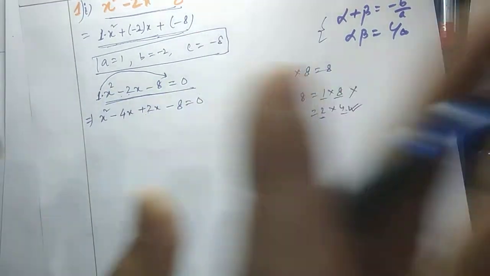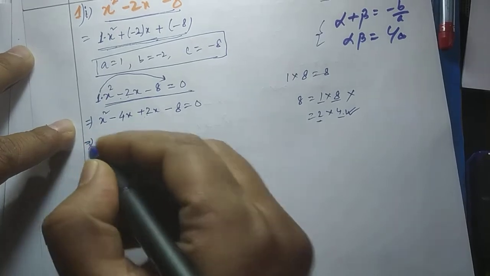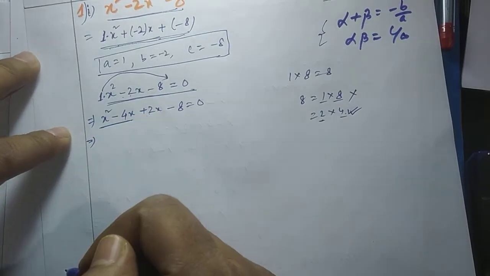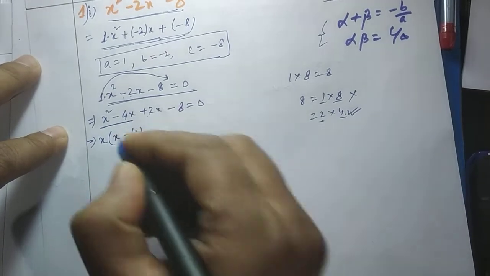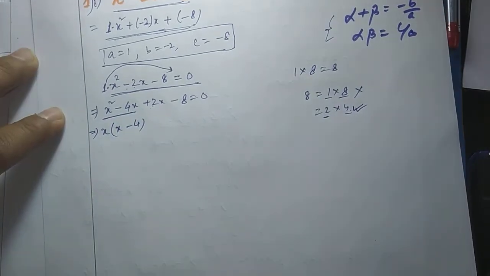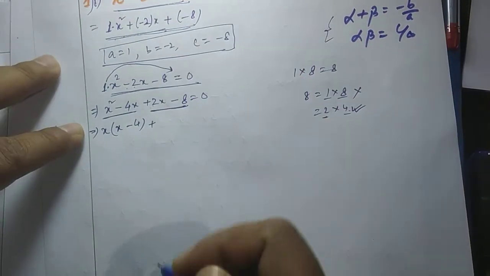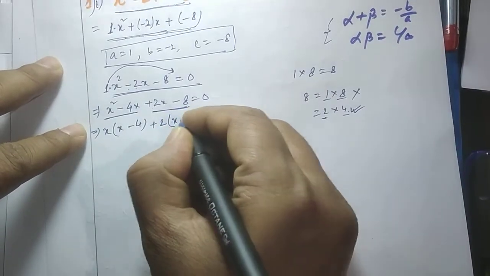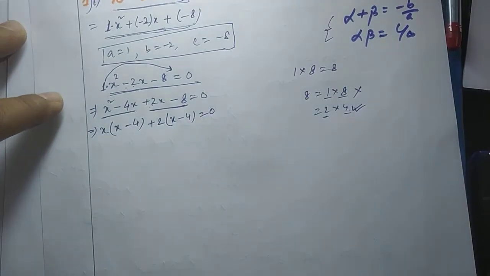Already the middle term is broken in this way. Now taking x common from the first two, it becomes x into x minus 4. Correct? Similarly, taking 2 common from the last two to bring the same factor, equal to 0 as it is.